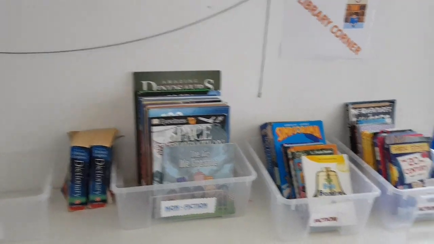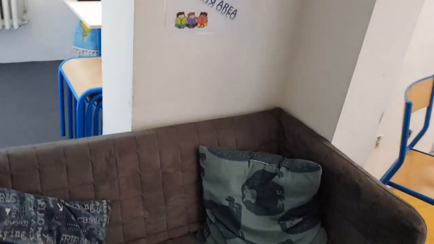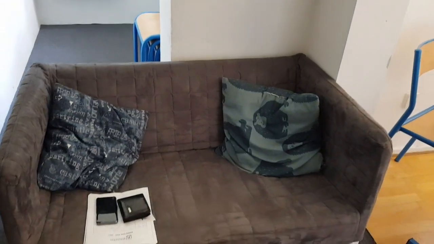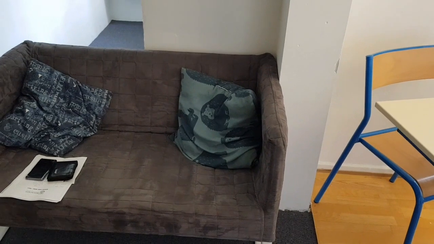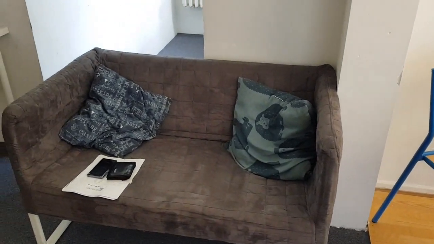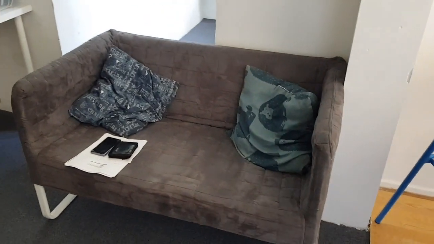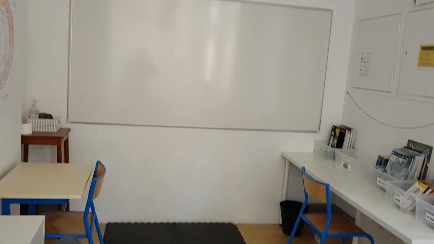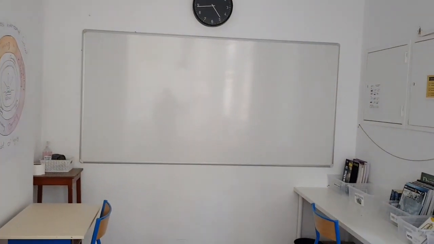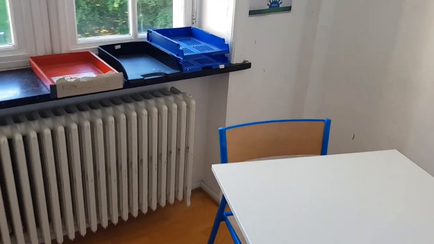And of course, with the library corner comes the reading area, which, due to some space limitations, for my class is a couch and a mat where students can sit, and they can also view the whiteboard and any projections that we have with the projector.